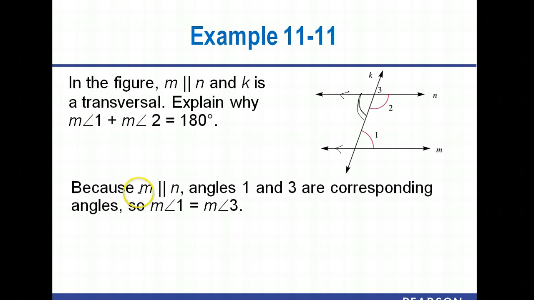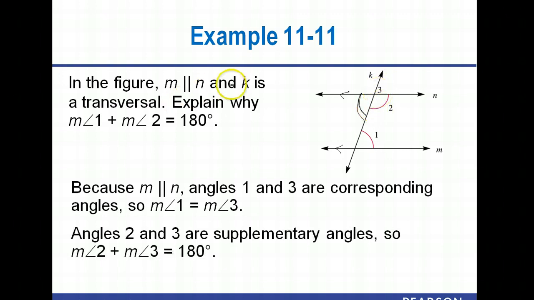What we also can do is say angle 1 and angle 3 are corresponding angles, so in case instead of doing alternate interior, we can use corresponding, right? Angle 1 and angle 3 are corresponding angles, so 1 and 3 have to be equal. And angle 2 and angle 3 are supplementary, so we know they have to equal 180.